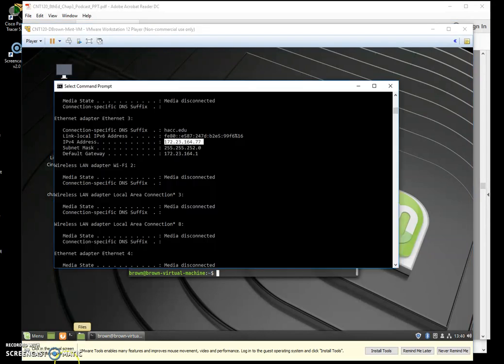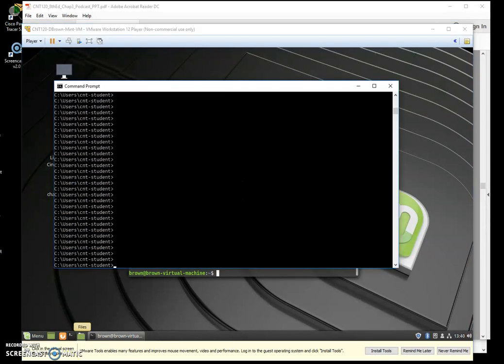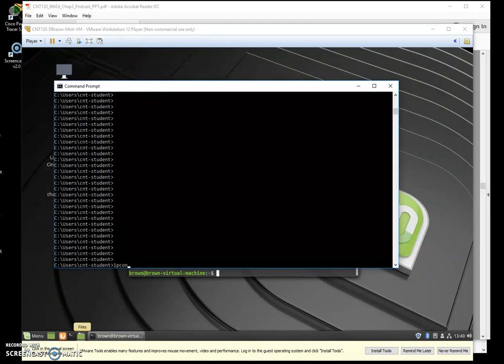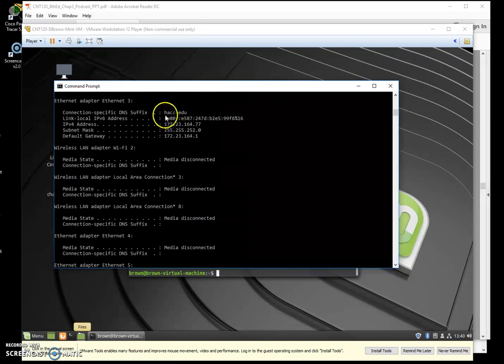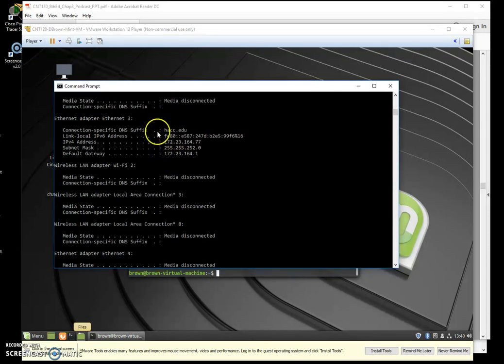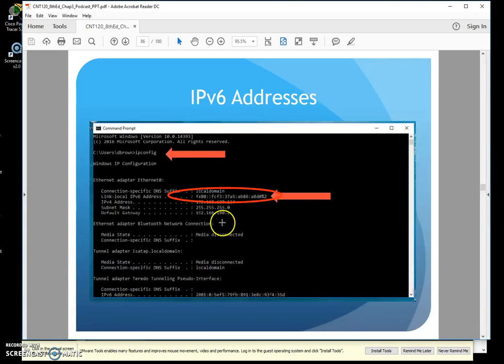On my Windows machine, if I do just plain ifconfig, I don't always see that depending on my settings. In this case, I do see it. I have my IPv4, and I also have my IPv6, FE80 and so on. So there's my IPv6 on my Windows machine, just using the plain old ifconfig command, nothing different.